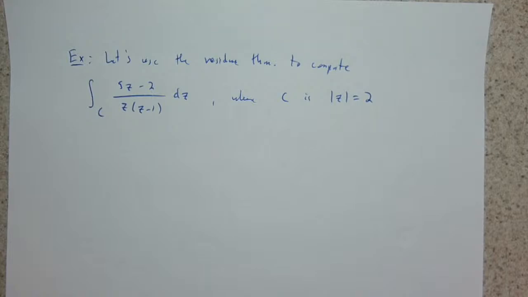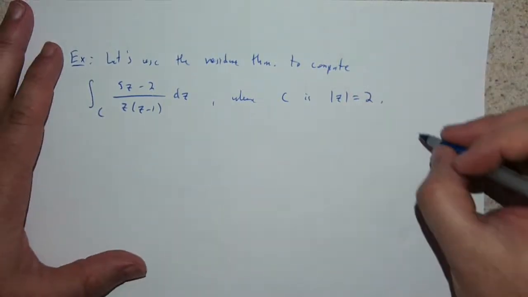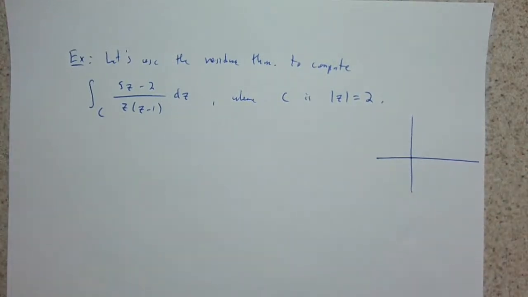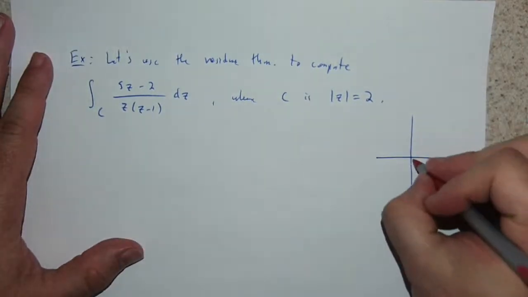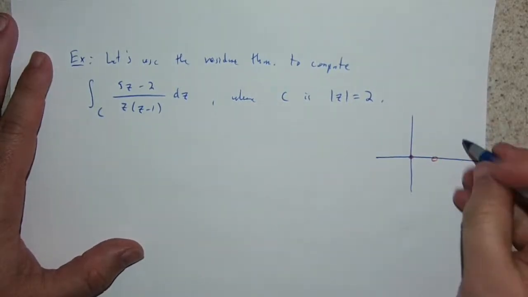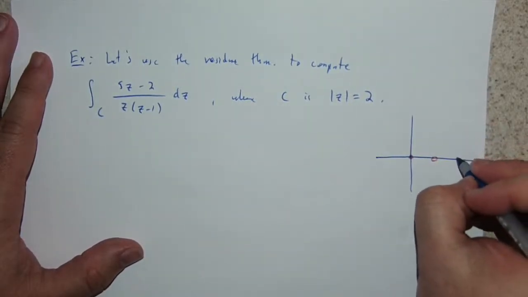Okay, so note C, what does this picture look like? What did the singular points look like? Singular points at 0 and 1. And here is what C looks like.